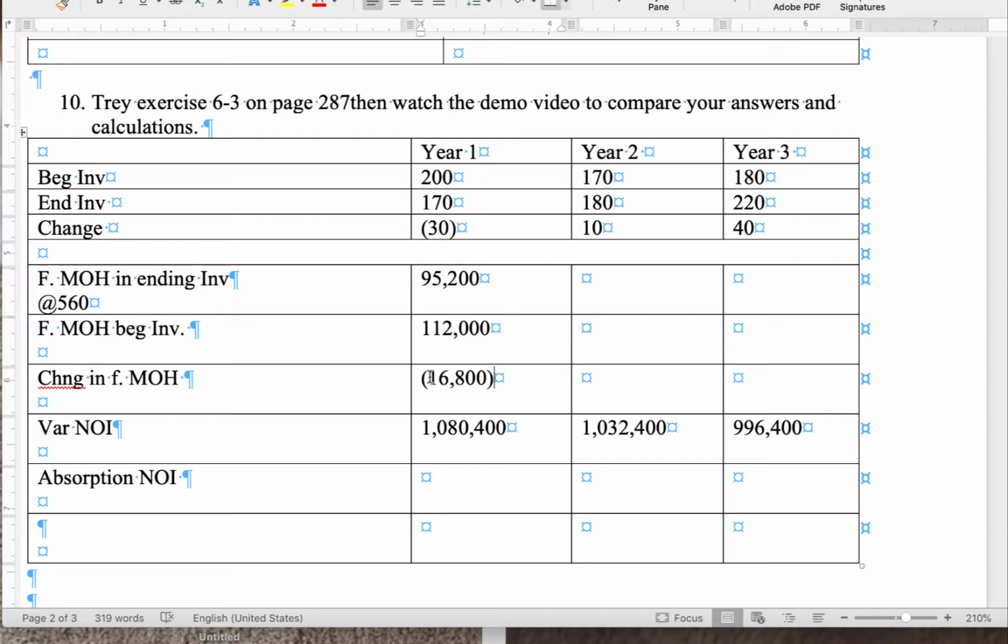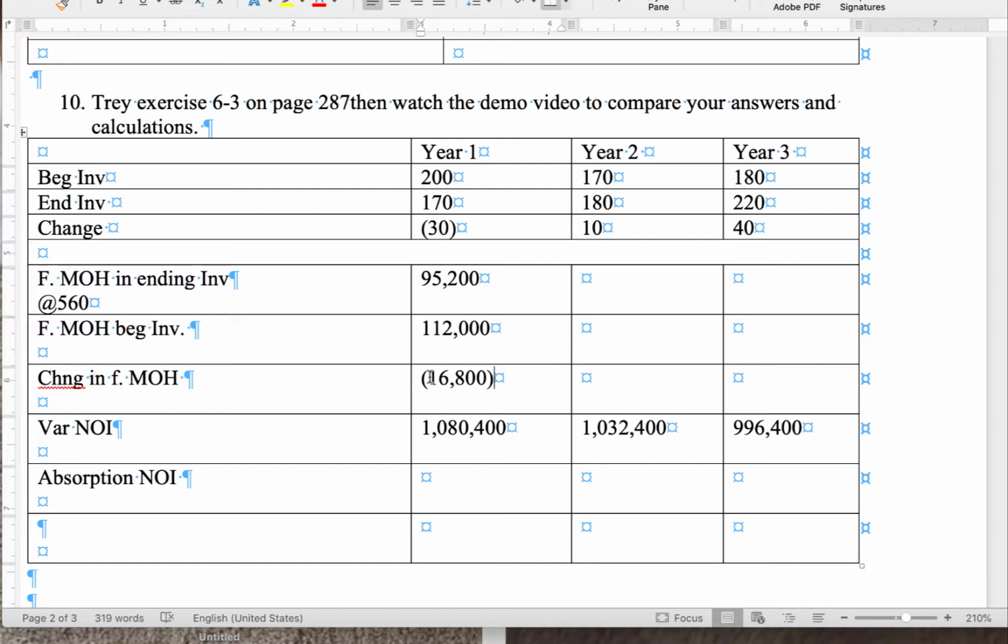What do we know about decreasing inventories and their effect on net operating income? On page 265, exhibit 6-5, as inventories decrease, absorption net operating income is less than variable costing net operating income.